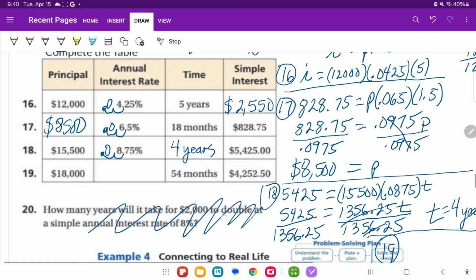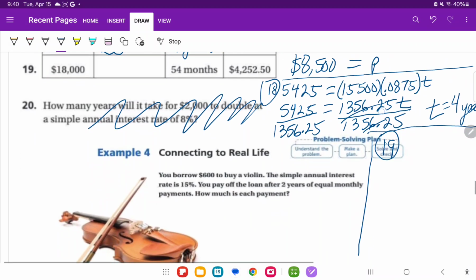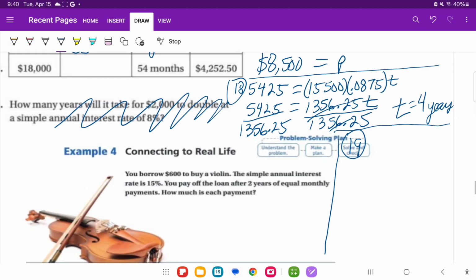So on number 19, we don't have the rate, so I want to do another review problem with the interest. We're going to plug everything else where it goes. We do know the interest: 4252.80.